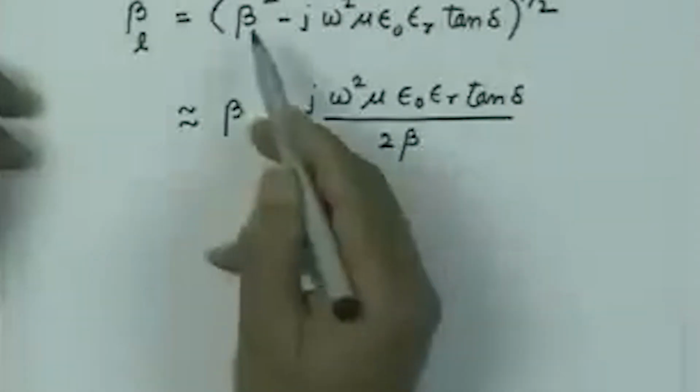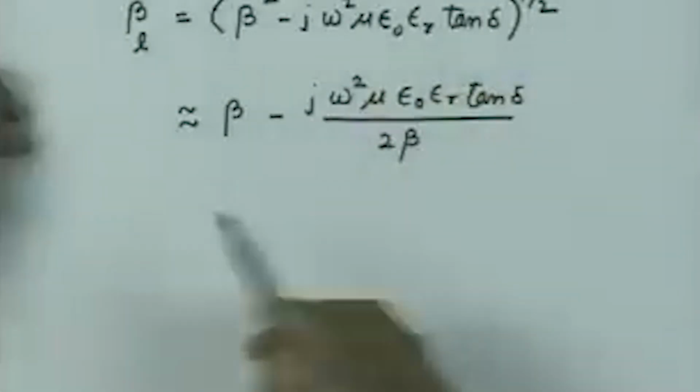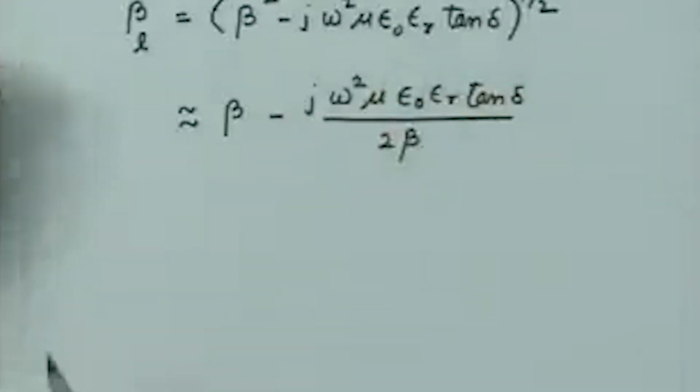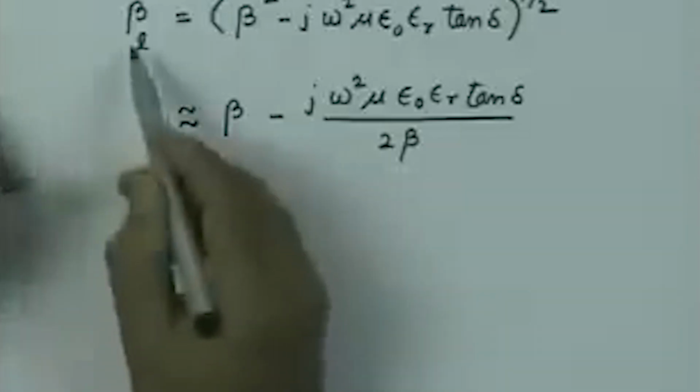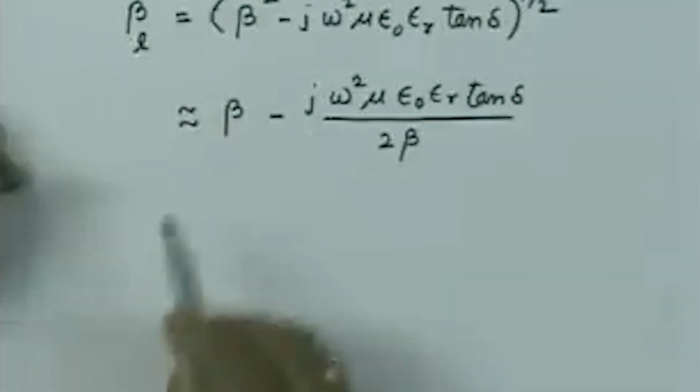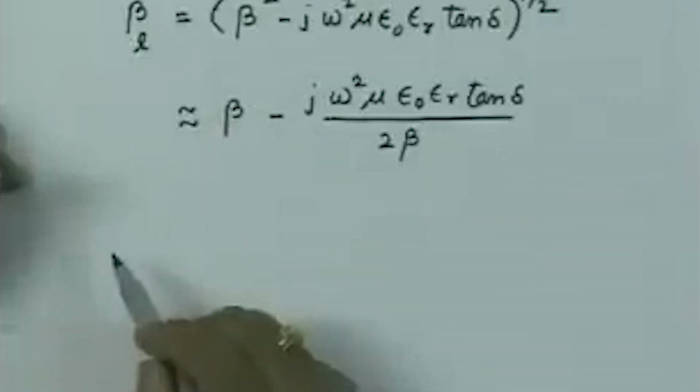I just take beta square common and take a square root of that and approximate this term as very small. So, retain only the first order term in the binomial expansion, I get this quantity. So, this is the phase constant which is having the phase constant real part, and this quantity which is the imaginary part of phase constant, that means this is now representing the attenuation constant alpha.